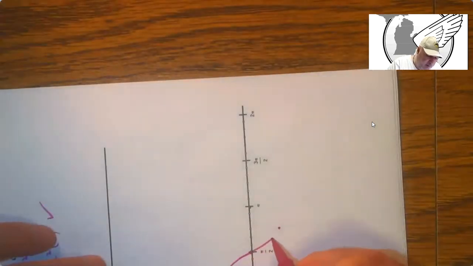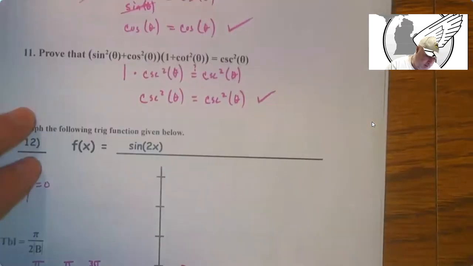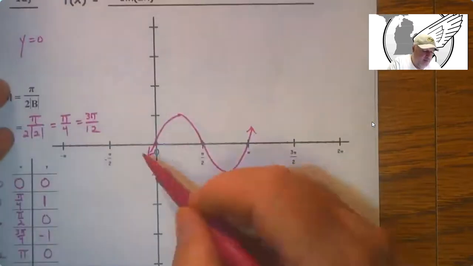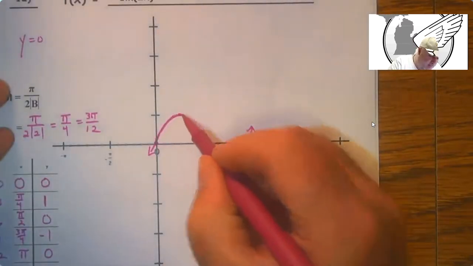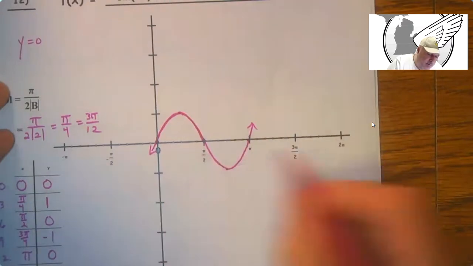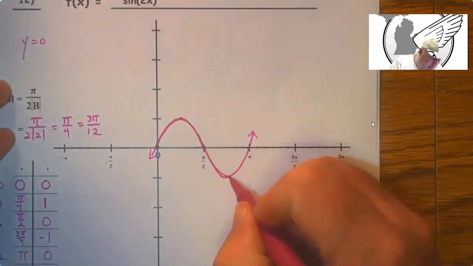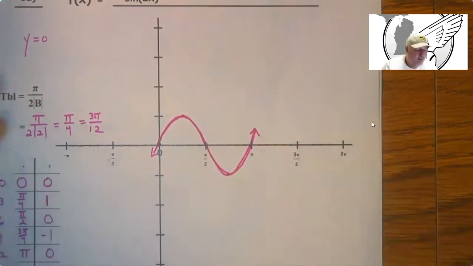So here's our other 2 points. What I mean is it's going to start curving up. So you can't draw straight lines. So you see this is kind of shaped down. And then here's the midline. And then this is shaped up. So it's quite a bit simpler than your assignment.